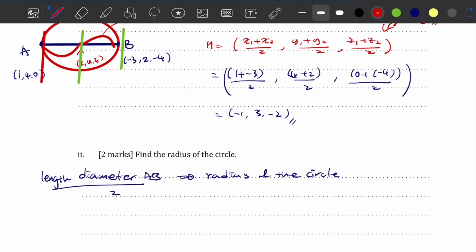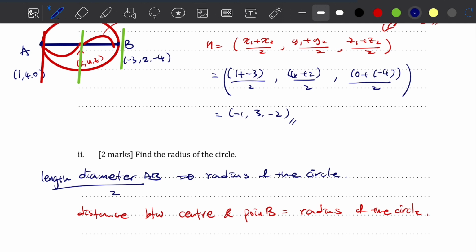So we can just calculate the distance between the center and point B, and this is equal to the radius of this circle. The center is (-1, 3, -2), and point B has coordinates (-3, 2, -4).